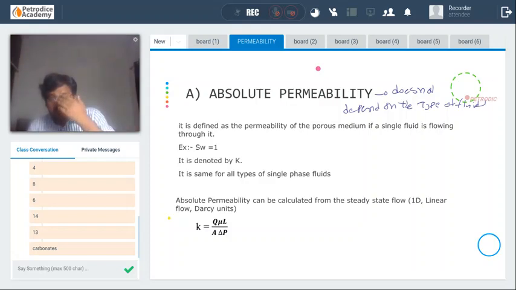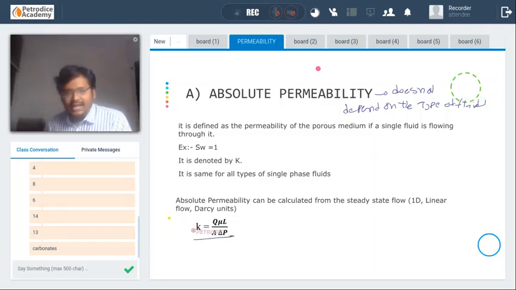If a single fluid is flowing through it, the absolute permeability is calculated, and this permeability is the maximum permeability of that system also. It is calculated from Darcy's law, where a single flow is happening through the rock system.